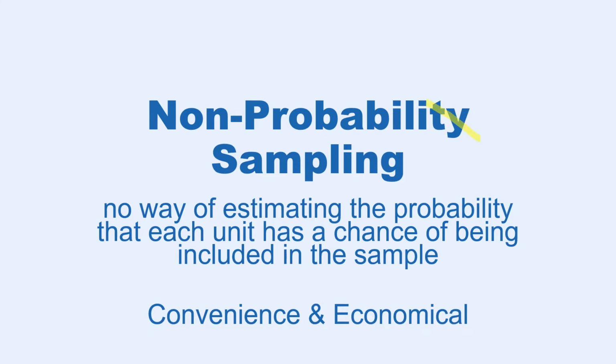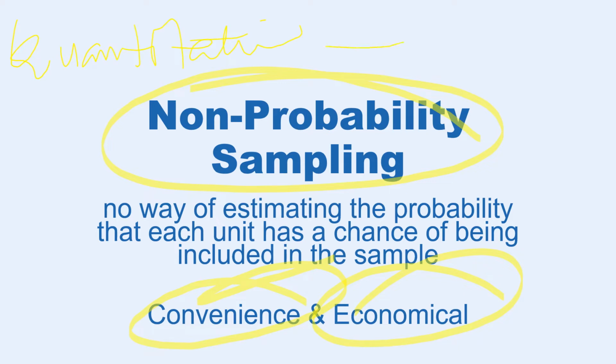But why are we doing non-probability sampling? Non-probability sampling is convenient and economical. And then, guys, if you ask me again which is better, probability or non-probability sampling, the answer would still depend on the type of research that you are embarking on. If I am talking about quantitative research, and you want survey research that would be applicable to a population, then you need to embark on random sampling techniques.